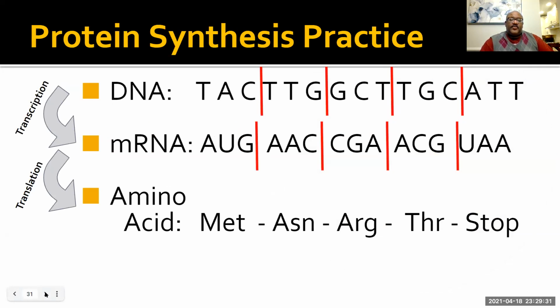So, protein synthesis practice. That's what you're going to do on your assignment, and that's what I want you to work on. Now look, I can't emphasize enough, you're going to have enough time during the class period to work on this, and you should be able to finish it.